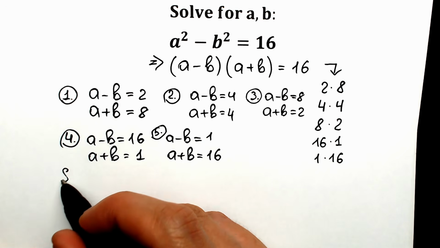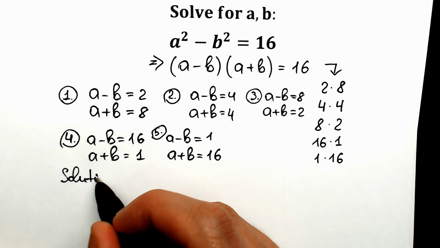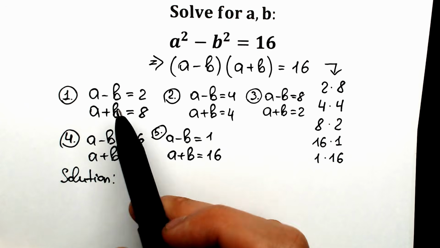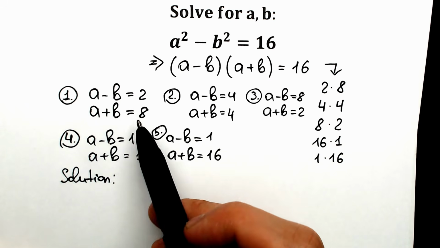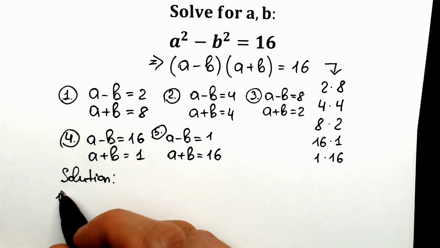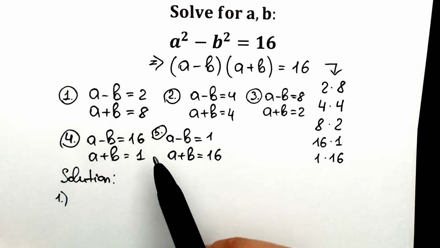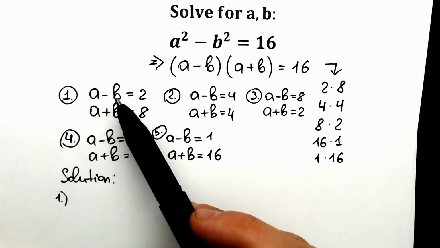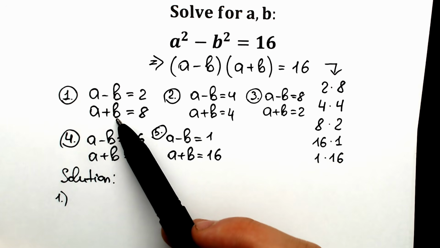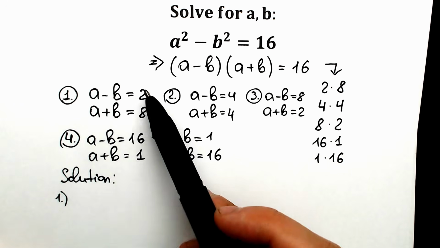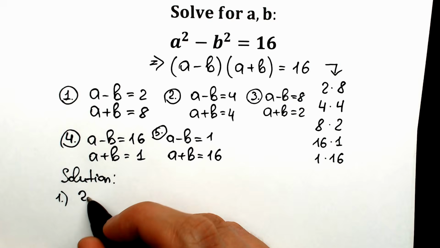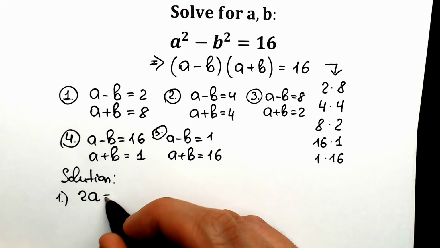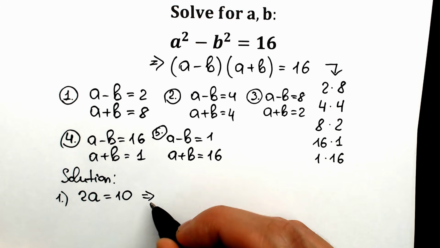I'm going to write it as the solution. First, a minus b equal to 2, a plus b equal to 8. Let's start with the first one. We can solve this system real quickly because we can add both equations and then easily cancel our b. So we have 2a equal to 10. From here, a is equal to 5.